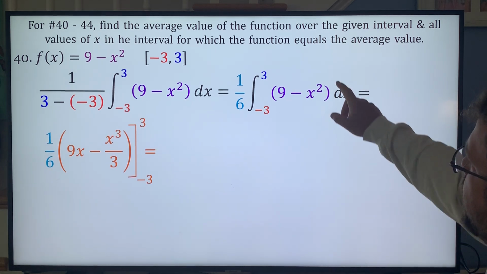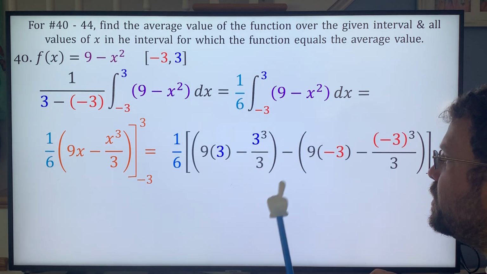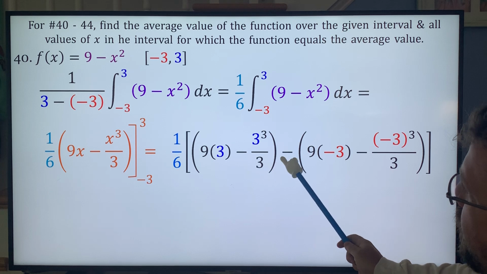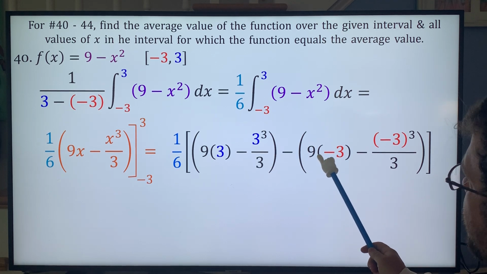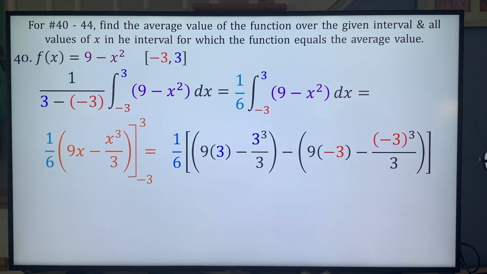You get 9x minus x cubed over 3, times 1/6. When we do this: 1/6, 9 times 3 minus 3 cubed over 3, minus f of a, 9 times negative 3 minus negative 3 cubed over 3.